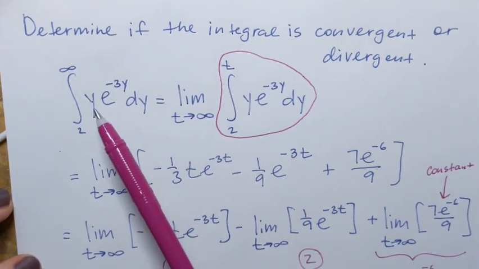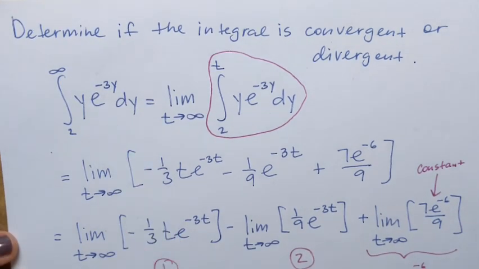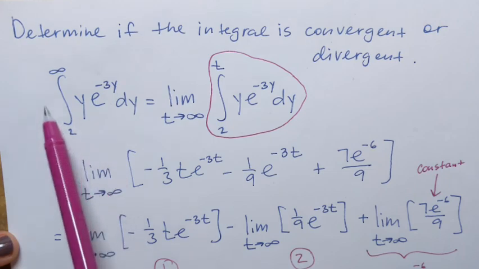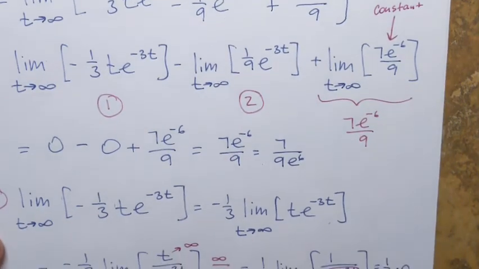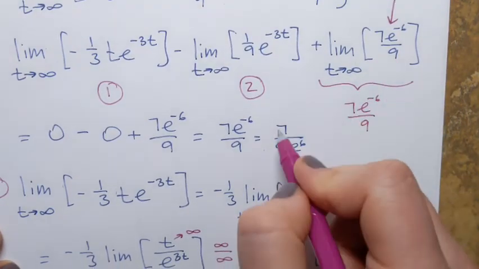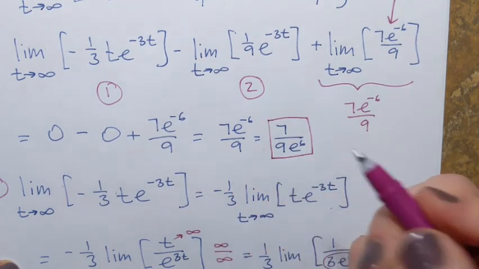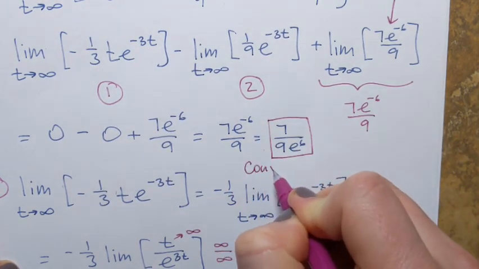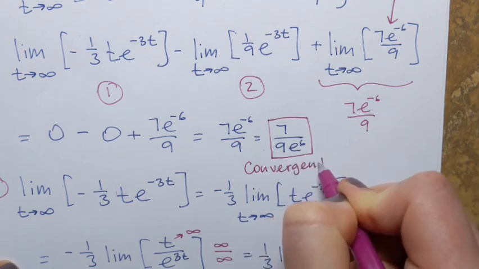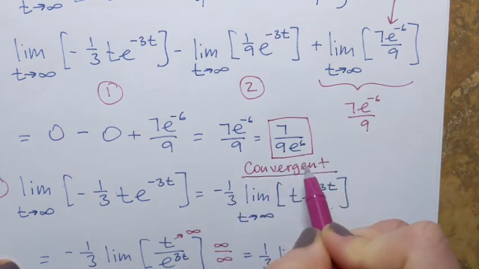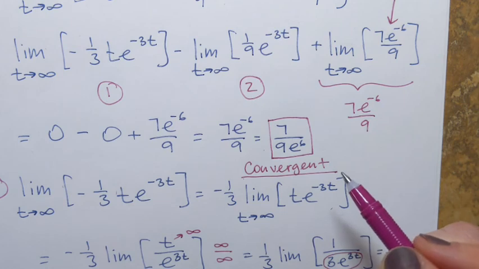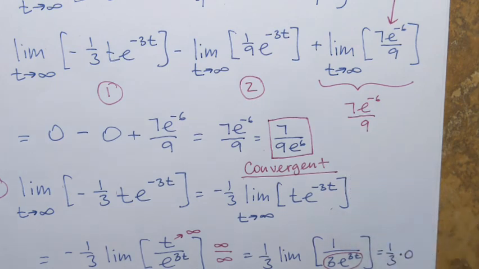When the limit exists and it's a finite number, then the improper integral is convergent, and we say that it converges to this number. So the official answer will be convergent, and it converges to 7 over 9 times e to the power 6. So that's going to be the answer.